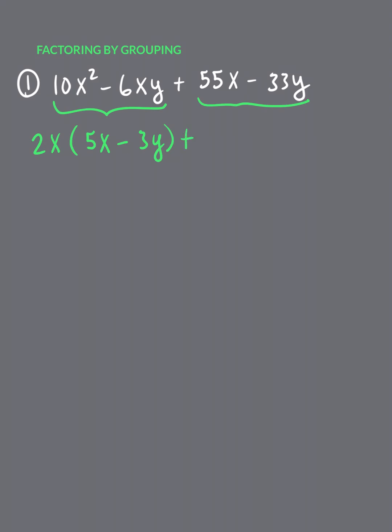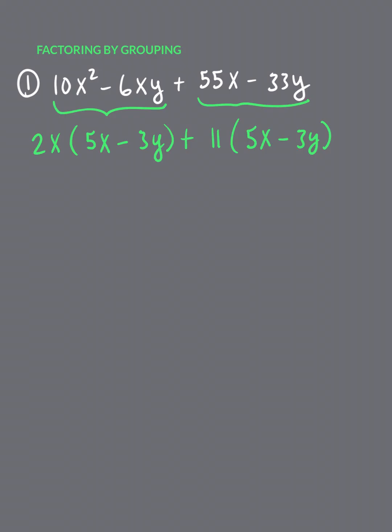And then we're going to look at these 2 terms that we're grouping together. And what is the greatest common factor between this term and this term? 11. So we're going to factor out 11. 55x divided by 11 is 5x, minus 33y divided by 11 is 3y.